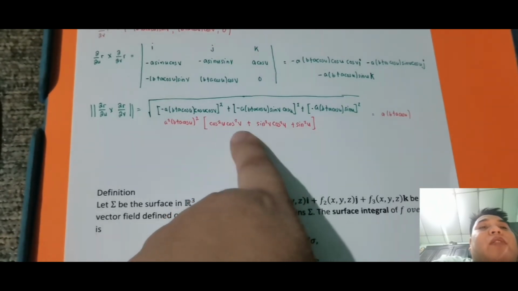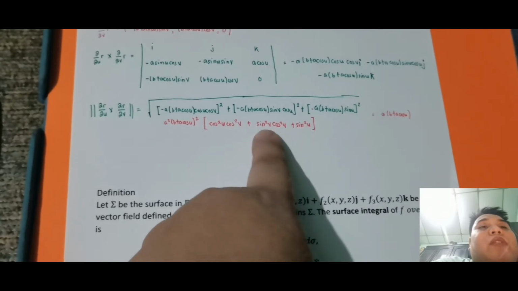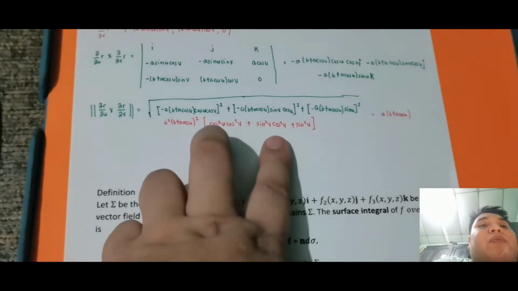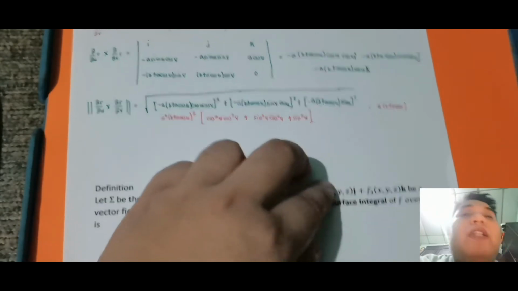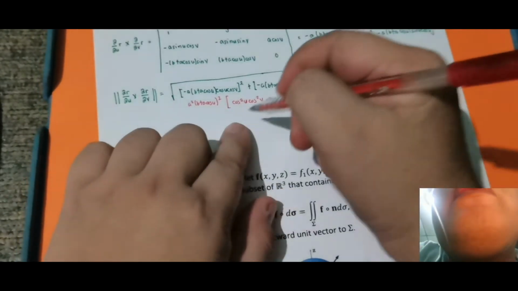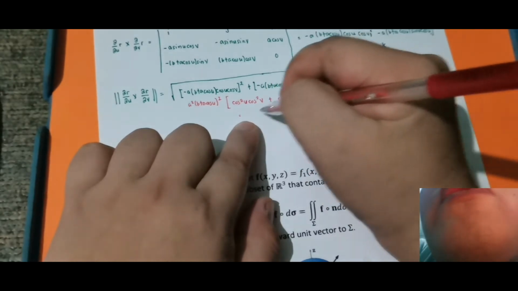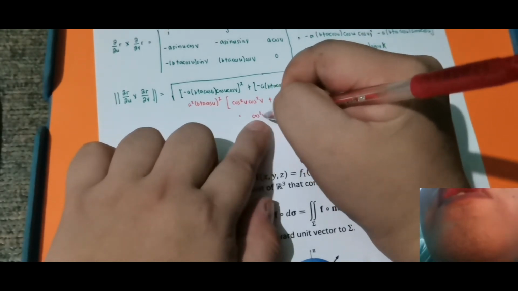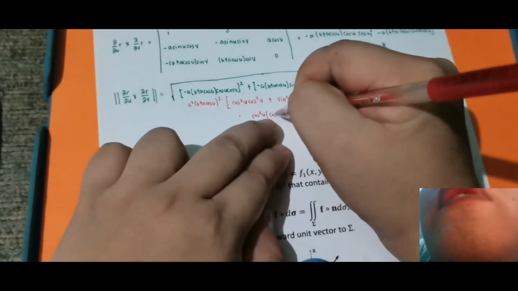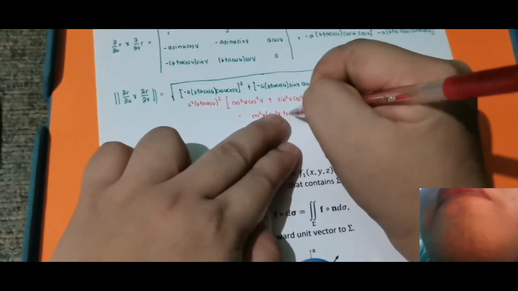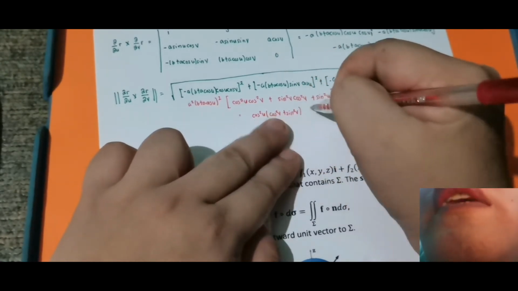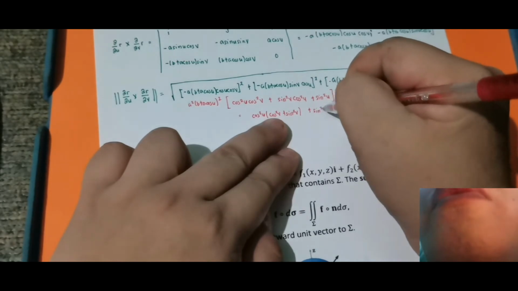Kunyari nilabas ko dito yung cosine squared u. Ayun, nagets mo idea. Kunyari dito sa part na to, pinactor ko si cosine squared u, may matitirang cosine squared b plus sine squared b. Then plus, may sine squared u.